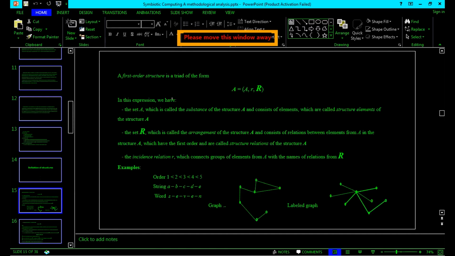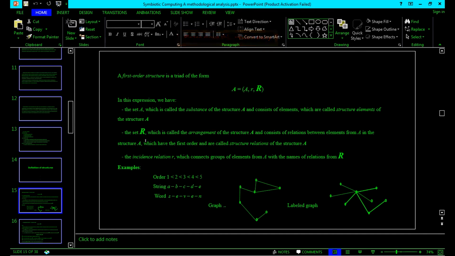In this expression, we have the set A, which is called the substance of the structure A bold, and it consists of elements which are called structure elements of the structure A. The set R bold capital is called the arrangement of the structure A and consists of relations between elements from the substance A of the structure A bold.